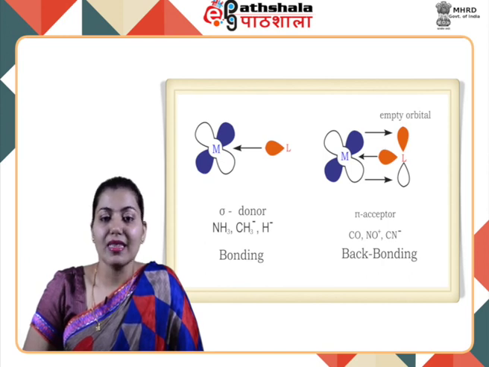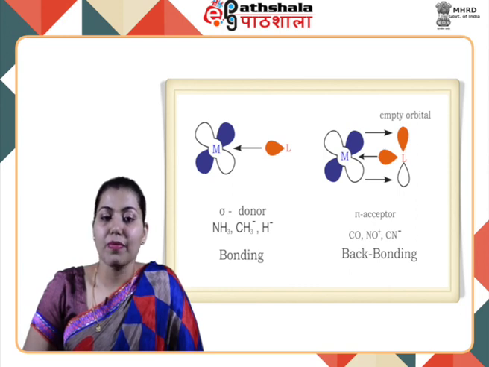This means the sigma donation, that is bonding to the metal, reinforces the pi back bonding to the ligand, and the pi donation from the metal to the ligand fortifies the sigma donor component of the bonding.